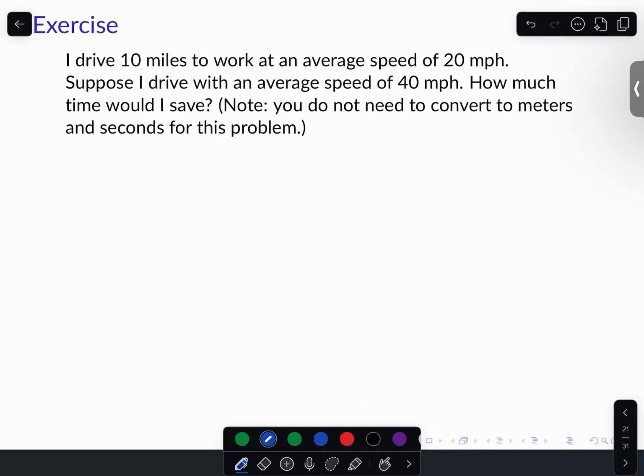I'm gonna walk through this quickly, how to do a difference in time problem. I drive 10 miles at 20 miles an hour.